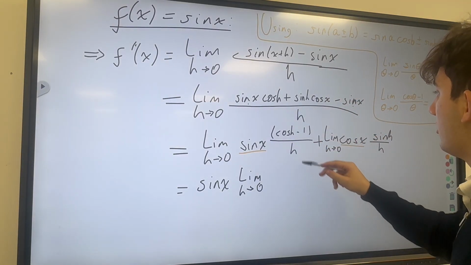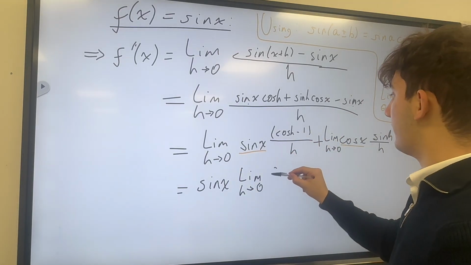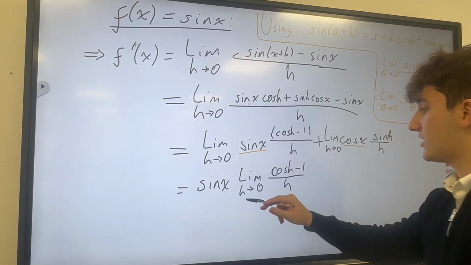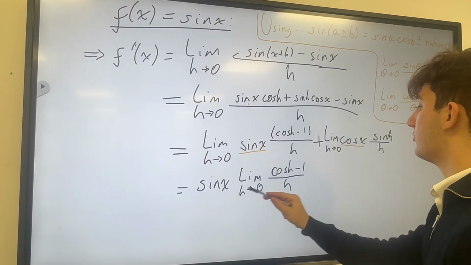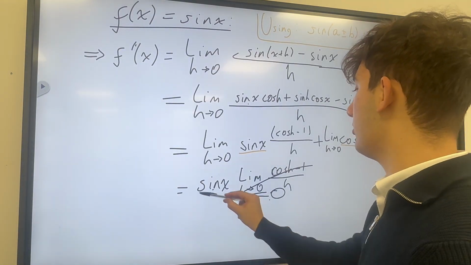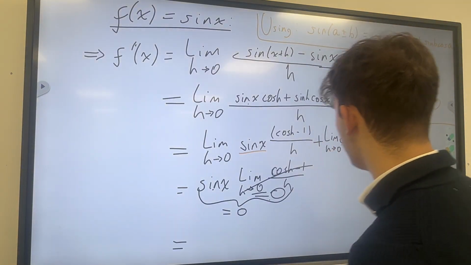But hang on a minute, look at this limit for a second. It's what we've got over here of cosine H minus 1 over H. That's just the H has been replaced by theta, and we know that this is going to evaluate to 0. And if we have sine X times 0, then that is also just going to equal 0. Okay, that's useful.